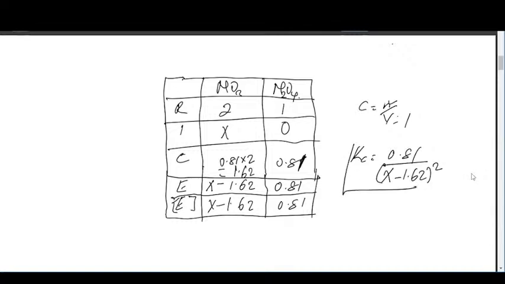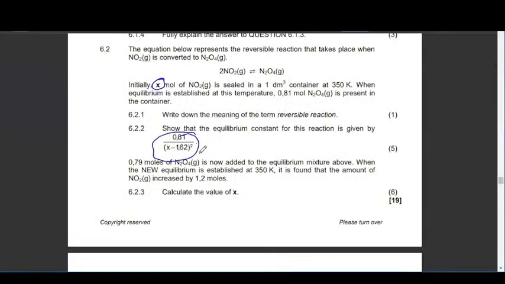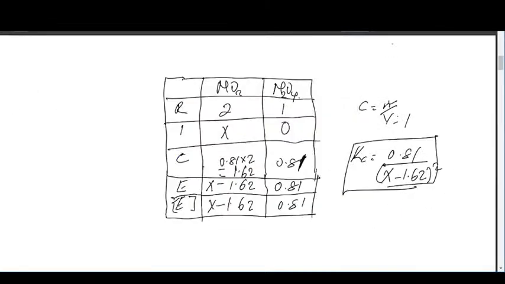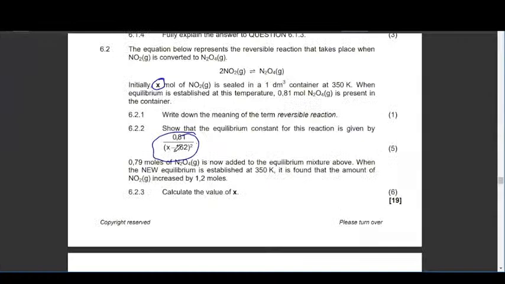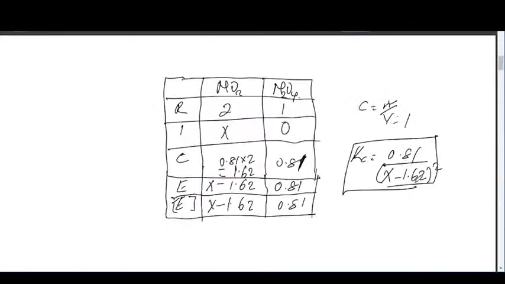Does this resemble the expression they gave us? Yes, 0.81 over x minus 1.62 squared. Therefore, our answer becomes correct.